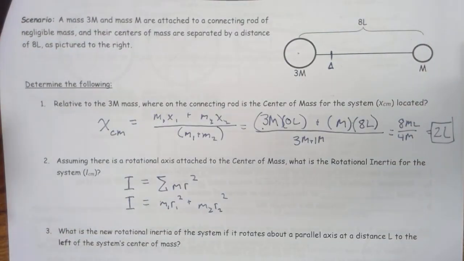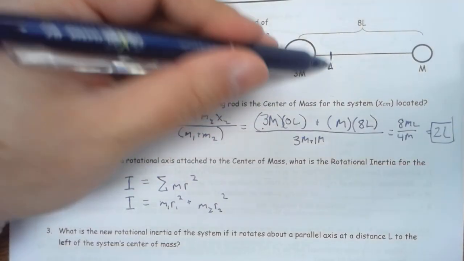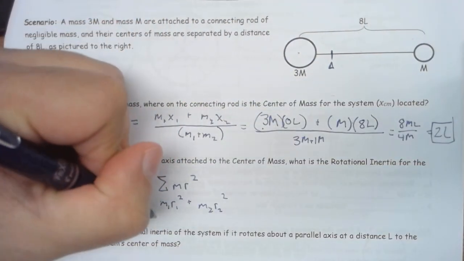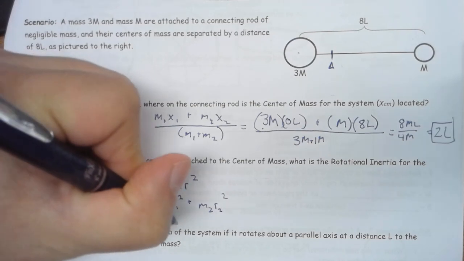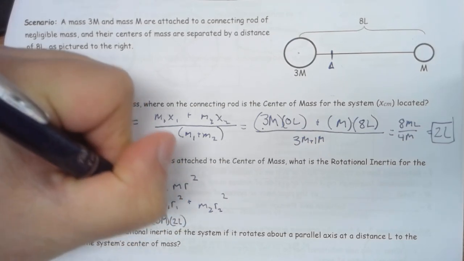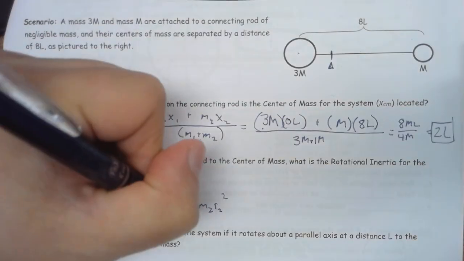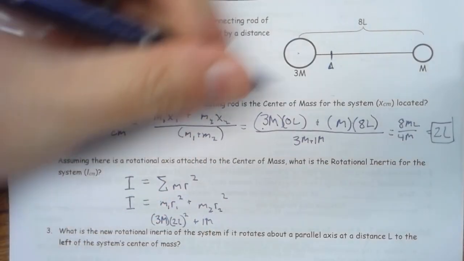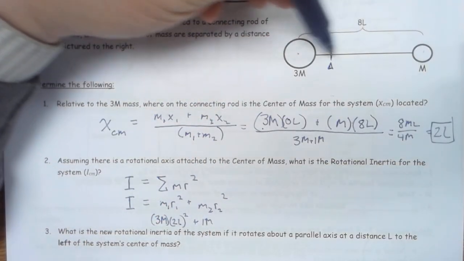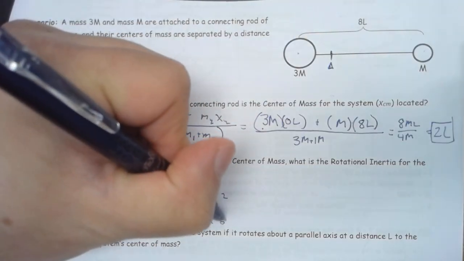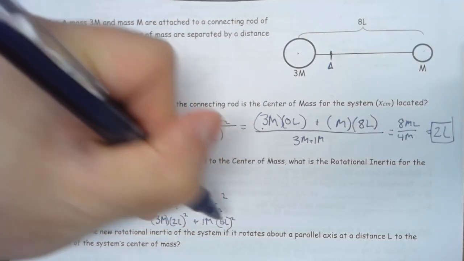That's the easiest way to decide it. If we're pivoting from here, how far is the 3m? It's 2L away. So my 3m, 2L squared, plus 1m. How far is my 1m from that pivot point? 6L squared.